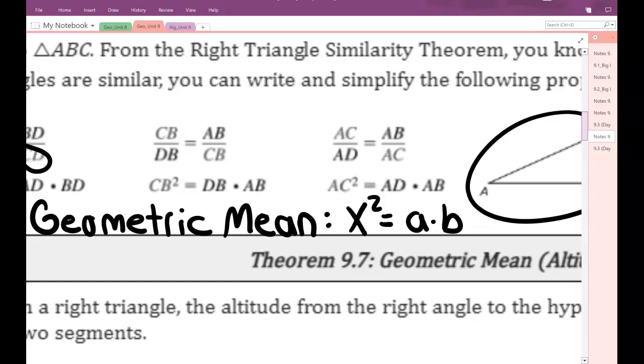So what similar triangles gives us the power to do is use these properties of geometric means to find different things. So we have 2 theorems that we're going to use today to use the geometric mean to find the altitude and also the length of a leg of one of the triangles.